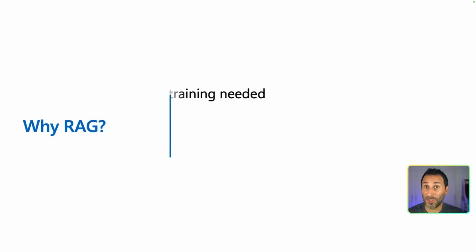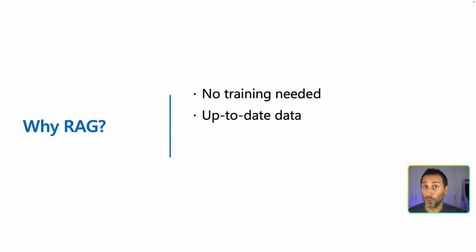Now, why is RAG useful? It's cheap because you don't have to spend money to train expensive models, you can use the existing one. You maintain the knowledge base separately from the AI model, and you can even use multiple data sources. That means that the data that will be used is always up to date.